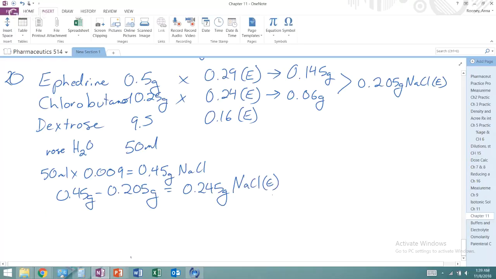We are doing dextrose. So you have to take the dextrose E value and divide it to convert it over to the amount of dextrose. We find that that's 1.53125 grams of dextrose.